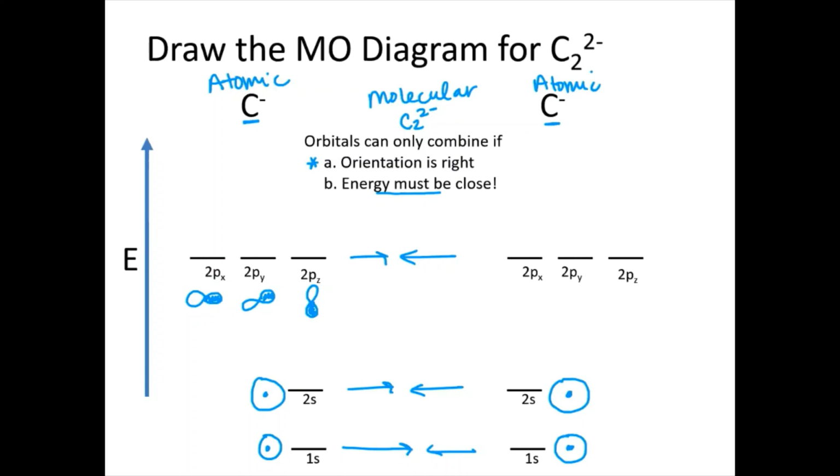I've got that on one of my C minus ions, and I've got another set on this one. Okay, so imagine 2 of these pillows right next to each other, and these orbitals, we're going to think about how they combine.